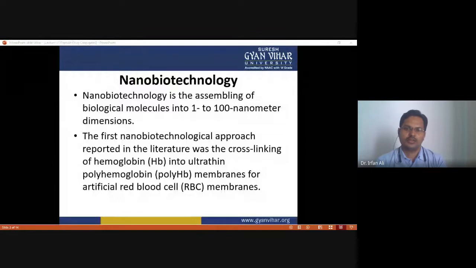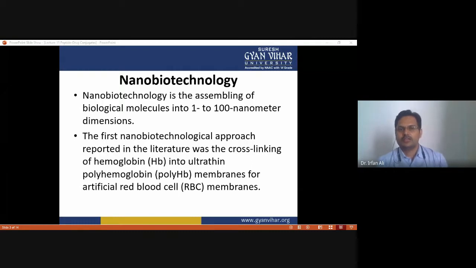First of all, we need to discuss what nanobiotechnology is. Nanobiotechnology is the assembling of biological molecules into 1 to 100 nanometer dimension. Here we use biomolecules along with the principles of nanotechnology to prepare biomaterials in the nano range, that is, 10 to the power minus 9 meter scale.